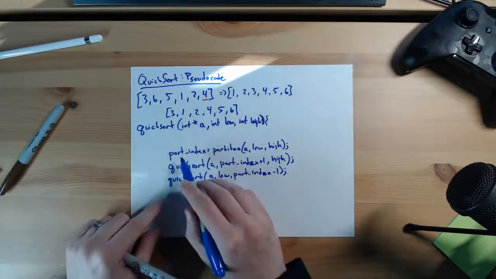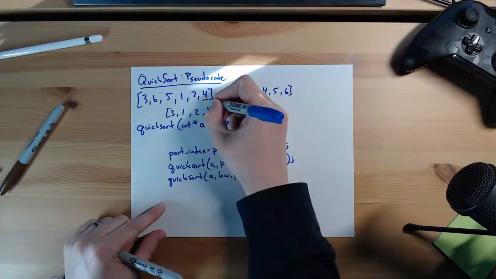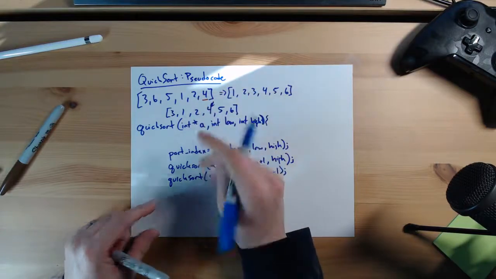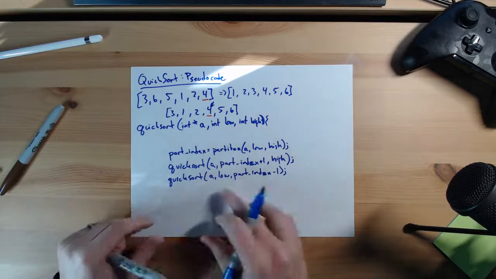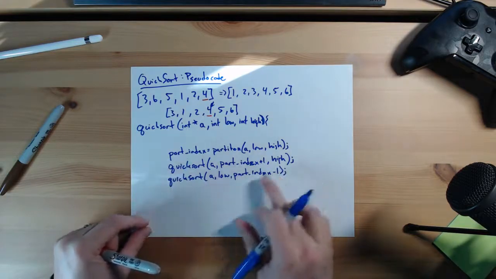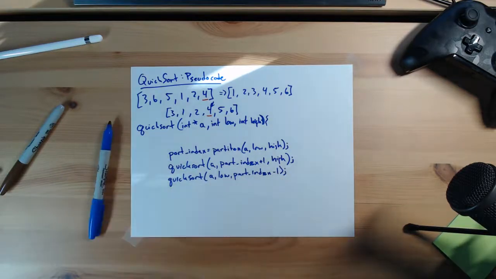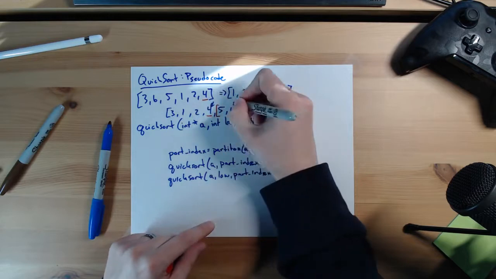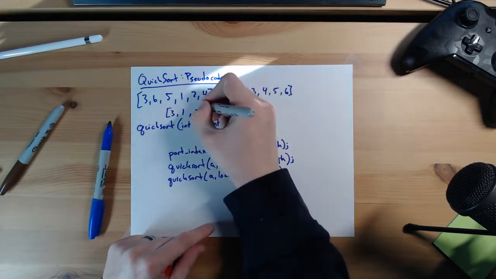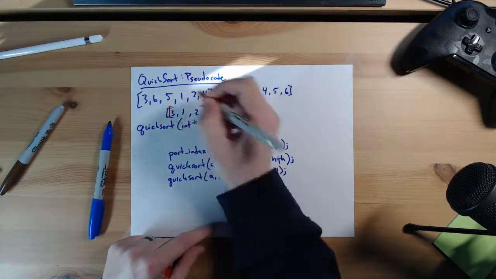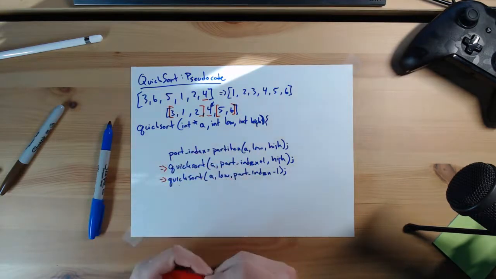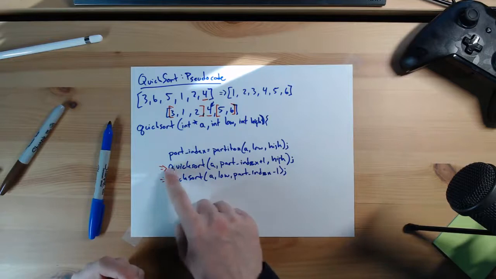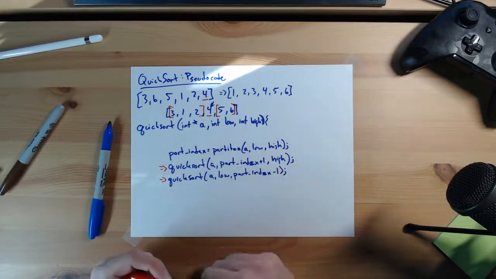And that's what this partitioning index is going to generate for us. It's going to give us this index right here. This is the final resting place of our partition element. And then we're going to call quicksort on the left side and the right side. And we're essentially saying we want to do a quicksort on these two elements and a quicksort on these two elements, right? That's what these two lines of code here are going to do. So first do our partition, then quicksort the right side, quicksort the left side.